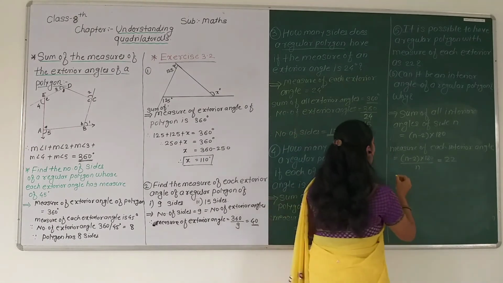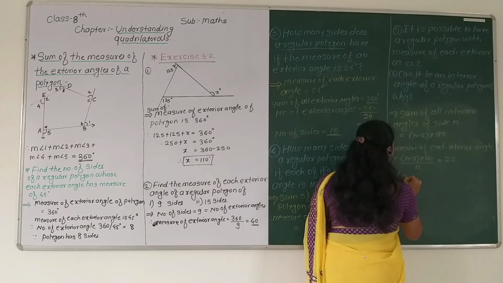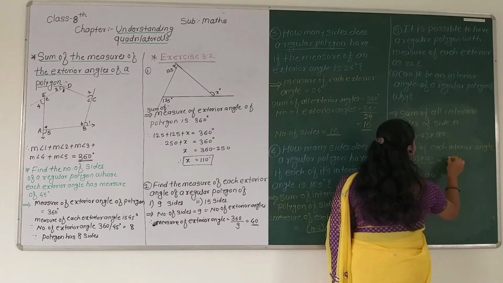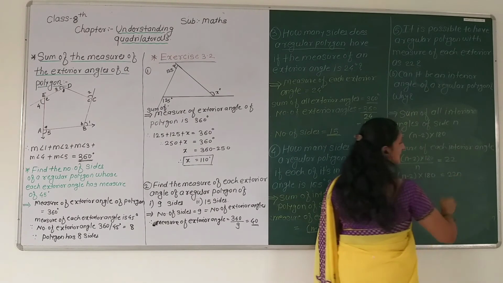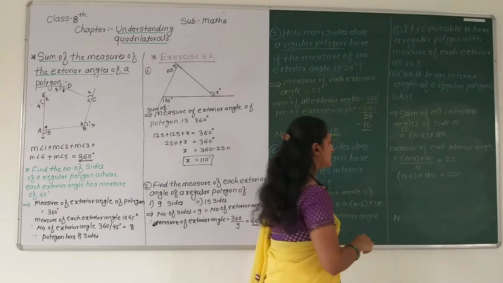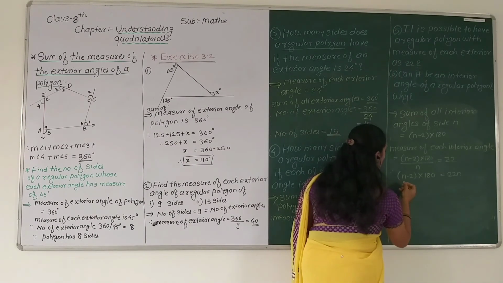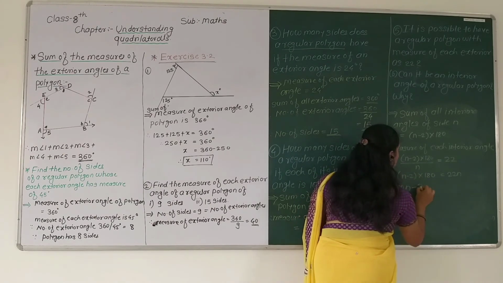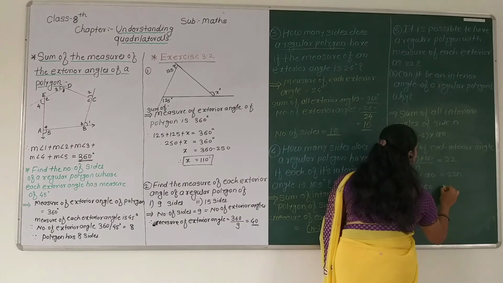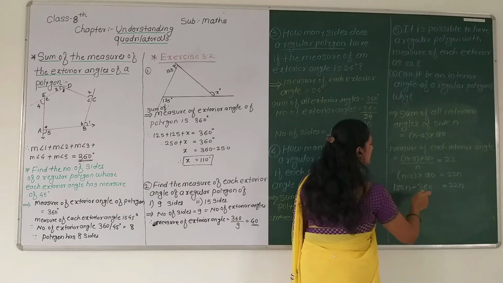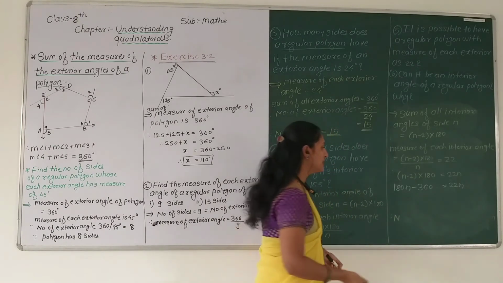Just we find here. So (n minus 2) into 180 is equal to 22n, taking cross multiplication as before. Multiplying 180 with n, we get 180n minus 360 is equal to 22n.